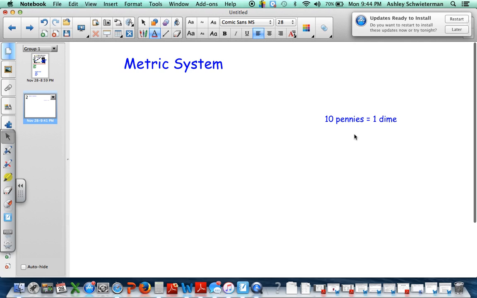Remember that when you are looking at the metric system. So if you're going from a smaller unit, pennies, to get to a larger unit, dimes, the amount's going to be less because it takes more of the smaller unit to equal the larger unit, or less of the larger unit to equal the smaller unit.